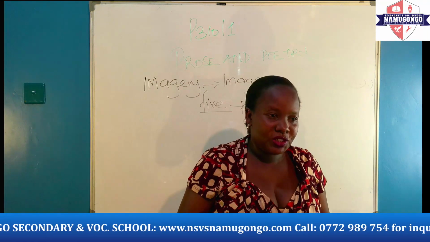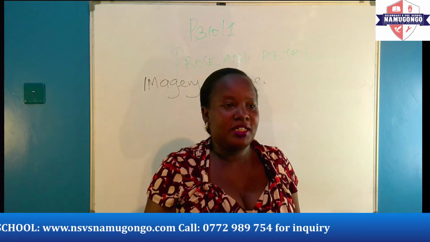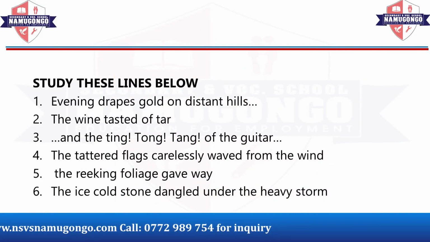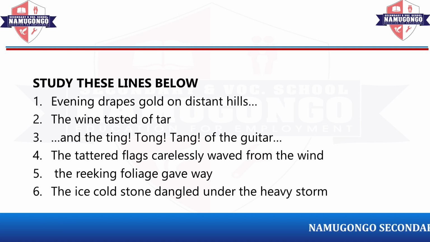The second image using words is the wine tasted of tar. If you know the taste of tar, you can already taste it on your mind's tongue when you read that line. So all that is imagery, those mental pictures that are created and are able to appeal to our senses.